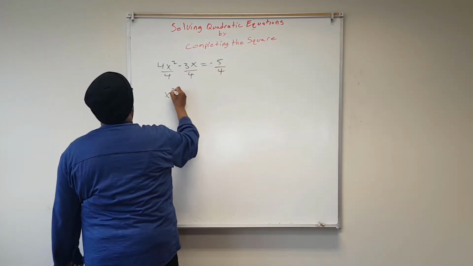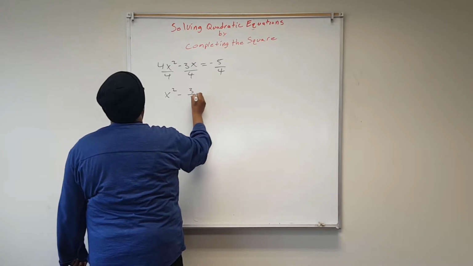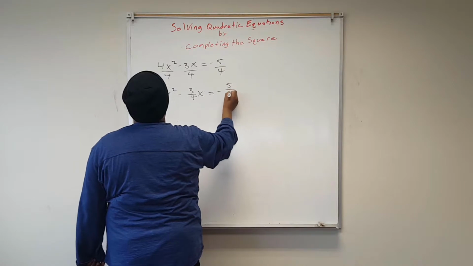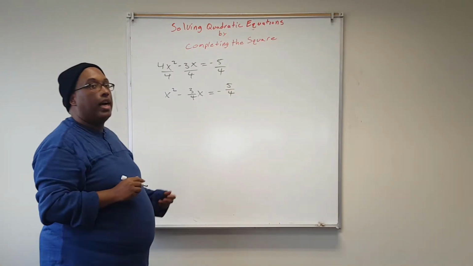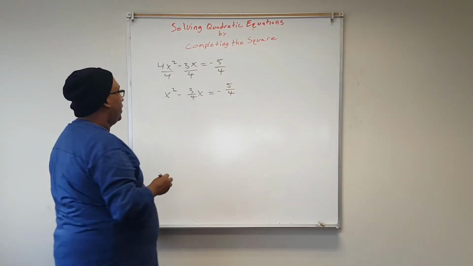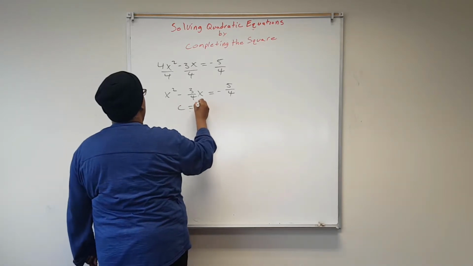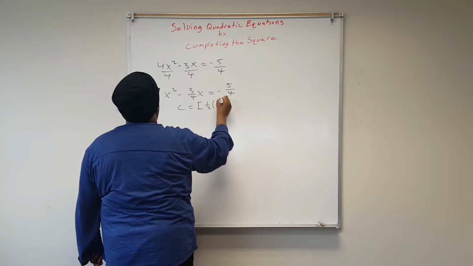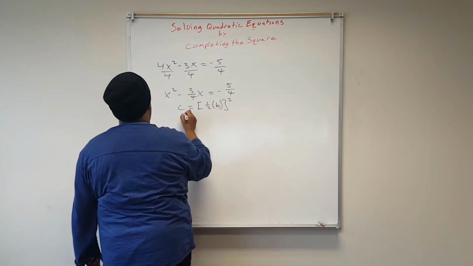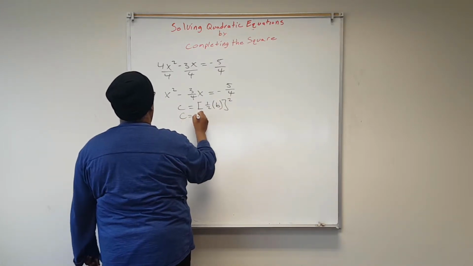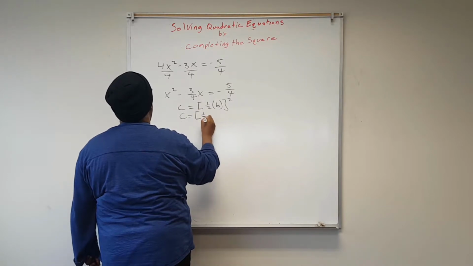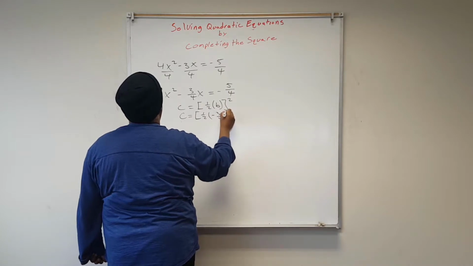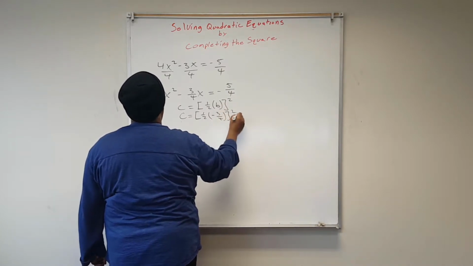that gives me x squared minus 3/4 x equals negative 5/4. Now, for completing the square, we can find c. c equals (1/2 b) squared. So c is going to equal 1/2 times negative 3/4, squared.